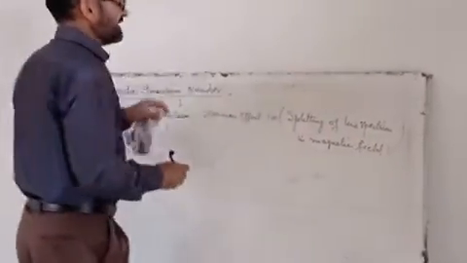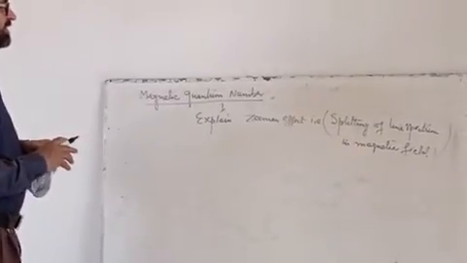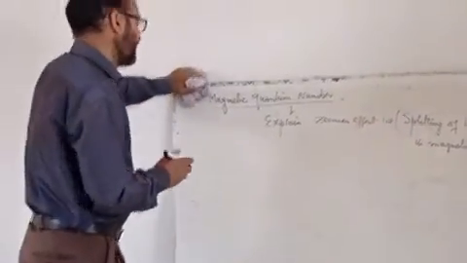Splitting of the line spectrum in the magnetic field is known as the Zeeman effect.